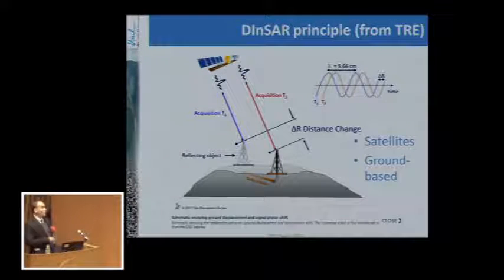And this displacement is not, as for the LiDAR, the time of propagation of the wave. It is the difference in phase. Then half of this distance can be evaluated: if between two acquisitions you have less than half of this distance, you can evaluate the deformation.